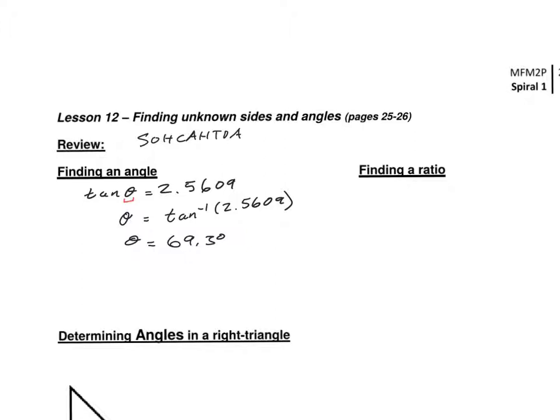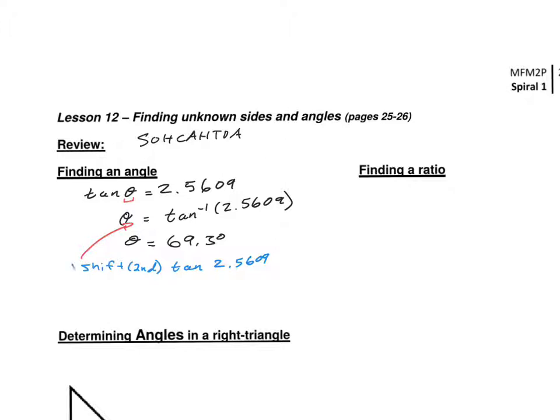Now, in order to do something like this in your calculator, you're going to have to use shift, otherwise known as second function, of tan of 2.5609, and that will give you the answer.